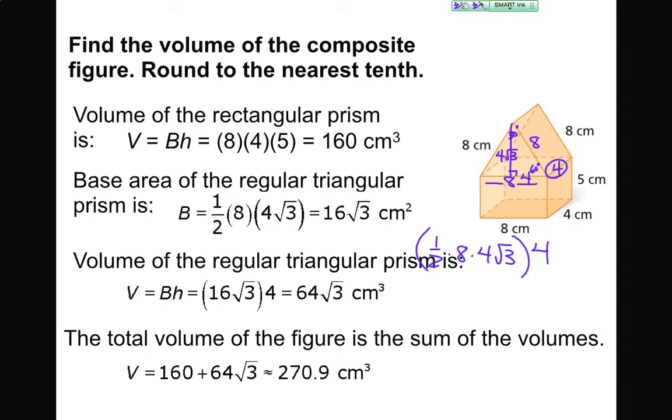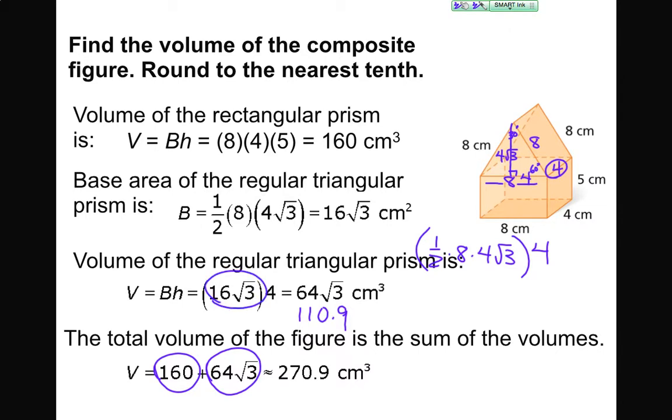So this evidently was 110.9. This is the rectangular prism. This was the triangular prism. Look back up here in the formula. The 64 was because they had to take the base area times the height.